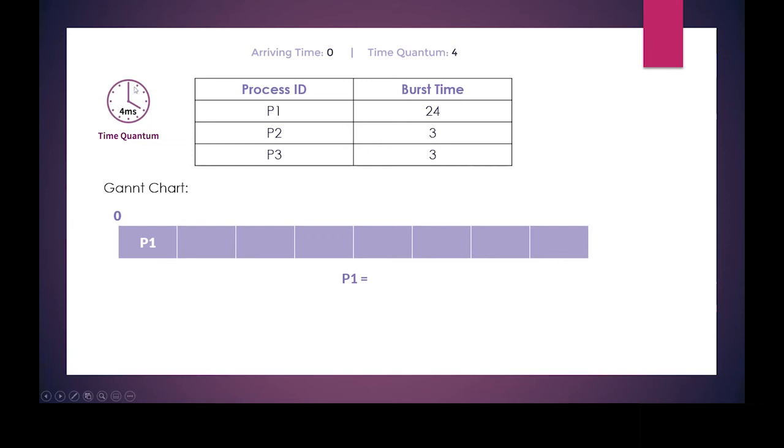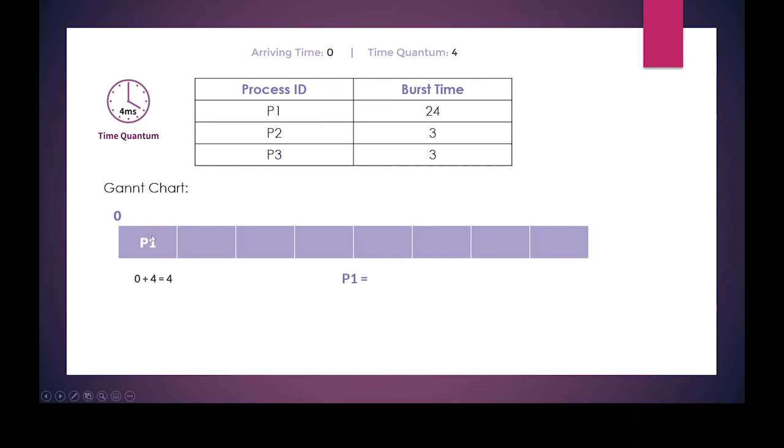Given our time quantum is only 4 milliseconds, the answer is no, because this is round robin scheduling and it will only be allowed to execute for that particular period of time, which is 4 milliseconds. So P1 will only execute from 0 milliseconds to 4 milliseconds.